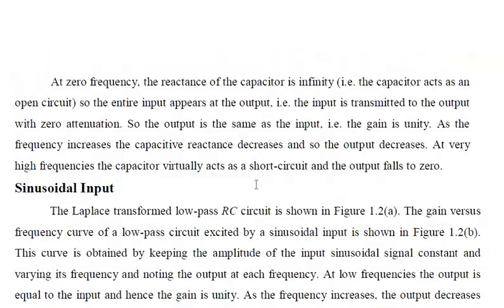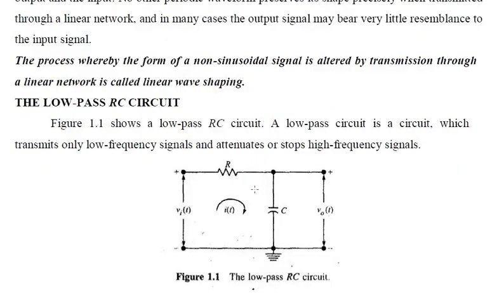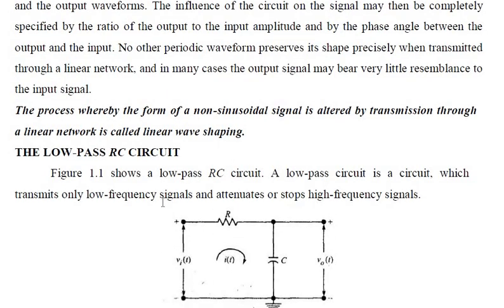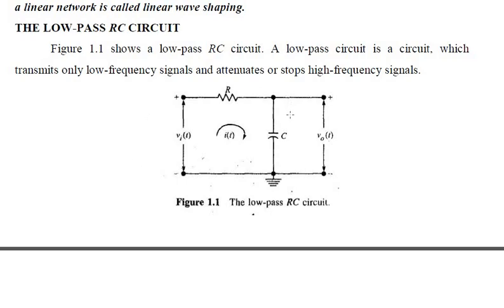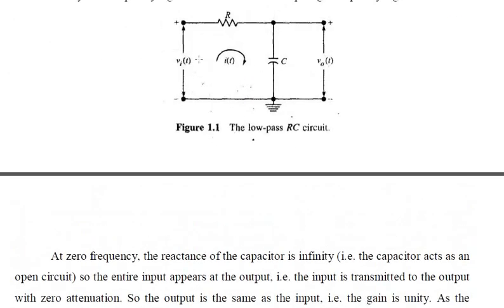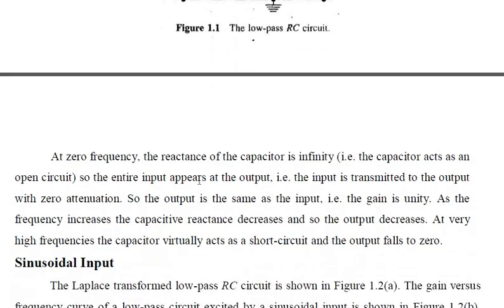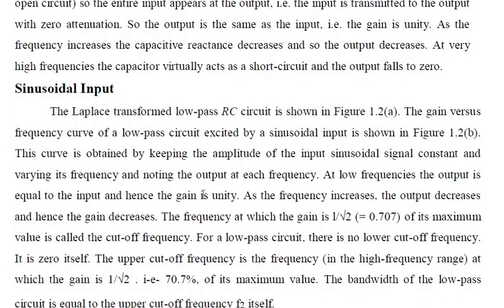So this was about the first topic, that is the low pass RC circuit. What is the low pass RC circuit? At high frequency and low frequency, what is the gain? At frequency equal to 0, whatever input you have given is obtained as the output. As frequency increases, you will get 0 output.